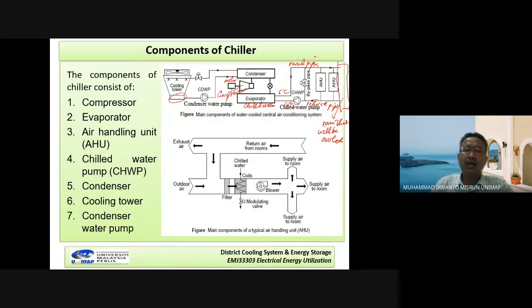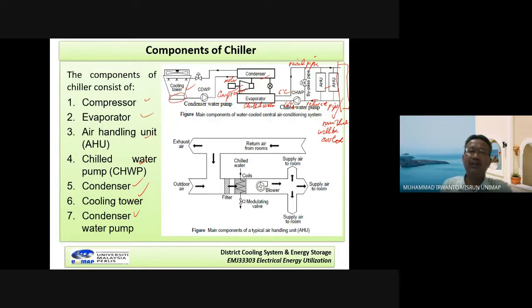Now we can see from here that the components of the chiller consist of the compressor, the evaporator, the air handling unit, the chill water pump, the condenser, the cooling tower, and the condenser water pump.